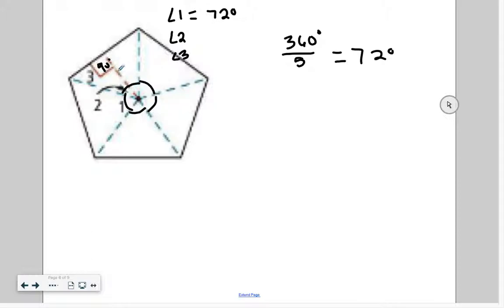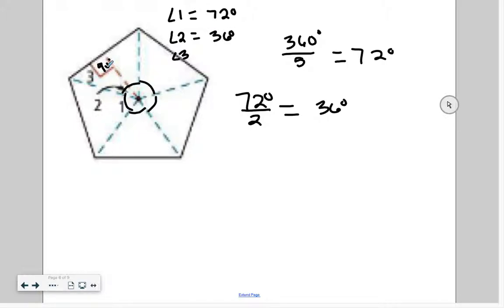If it's being halved by a bisector, to find the measure of angle 2, I take the measure of that whole angle and I divide it by 2, because a bisector is cutting it into 2 equal parts. An apothem bisects that angle. So the measure of angle 2 is 72 degrees divided by 2, which is 36. So angle 2 is 36 degrees.